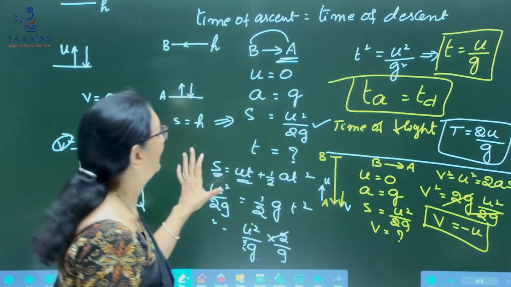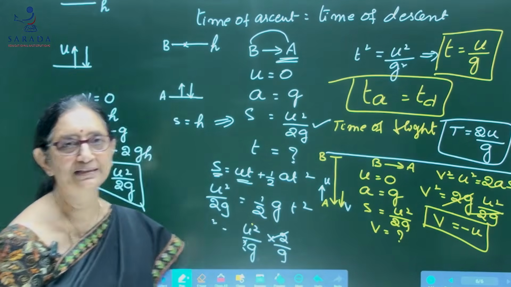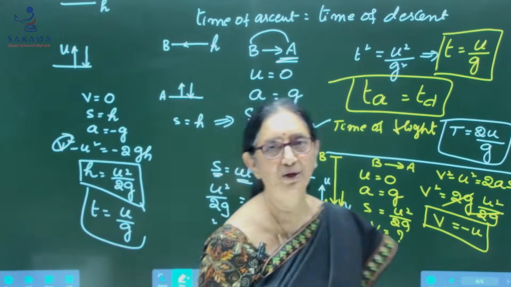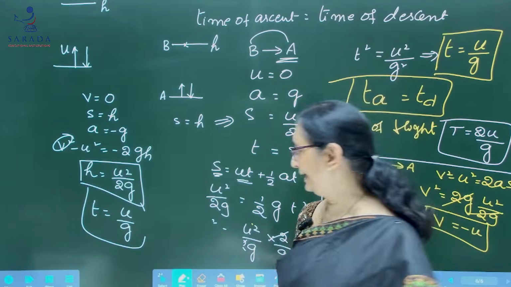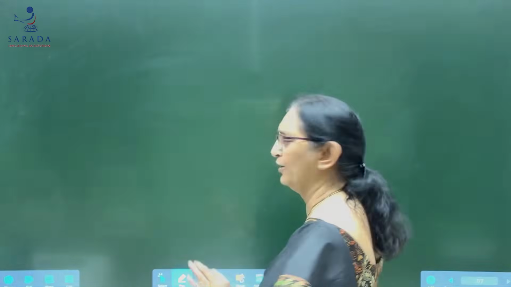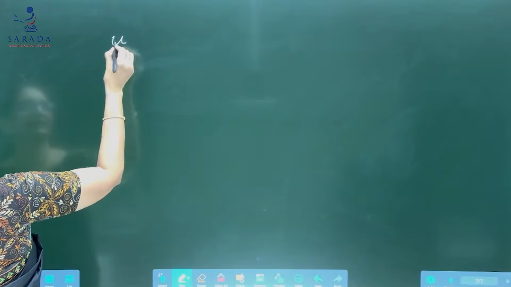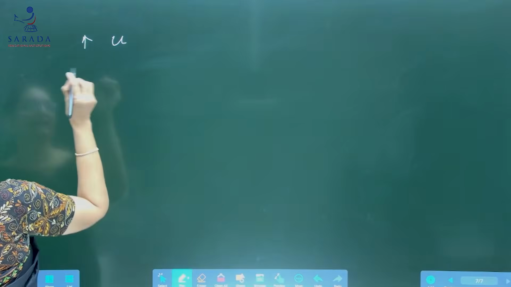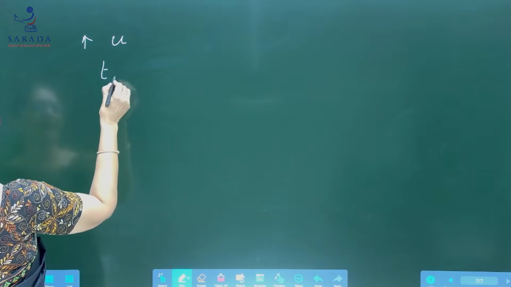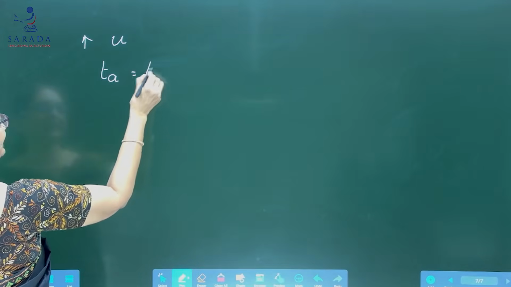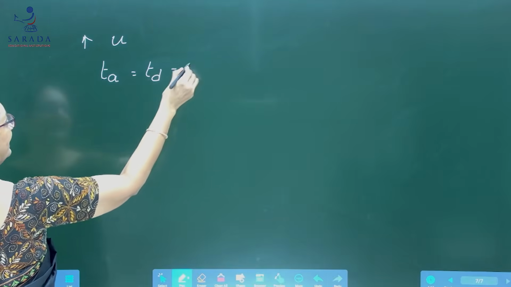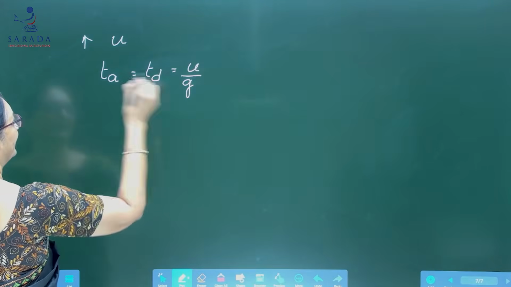So, in this case what we have proved is, in case of a body projected vertically up, let us recall all the formulae. In case of a body projected vertically up with a velocity u, time of ascent is equal to time of descent is equal to u by g.